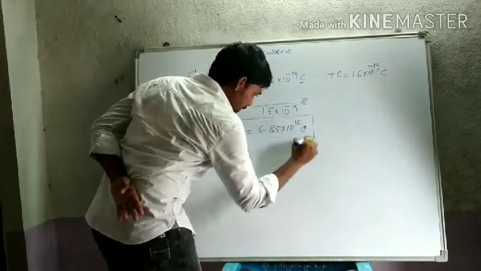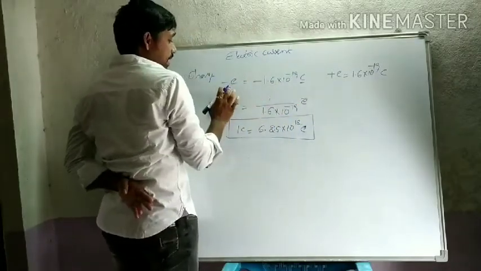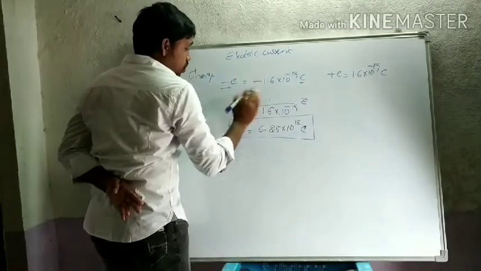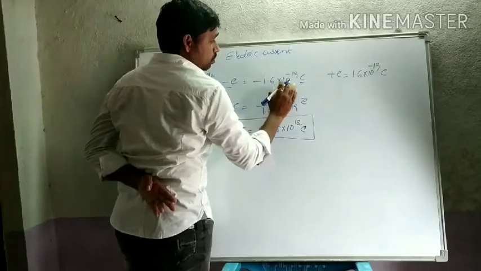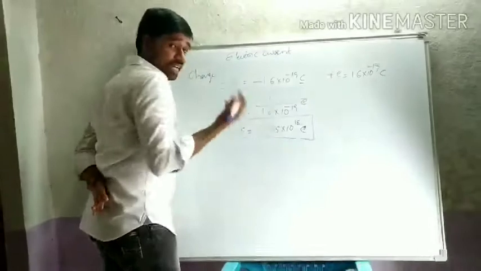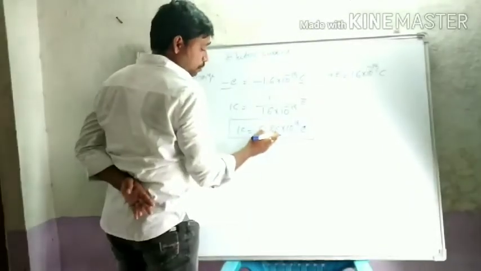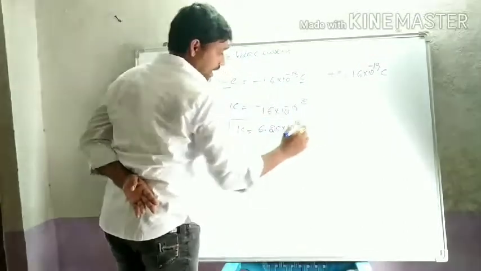So the smallest measurement of electric charge, that is the electron value, in terms of coulombs is 1.6 into 10 to the power of minus 19 coulombs. And 1 coulomb contains 6.25 into 10 to the power of 18 electrons.